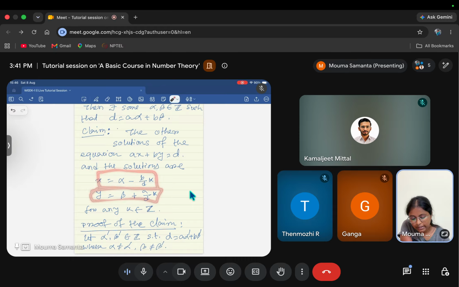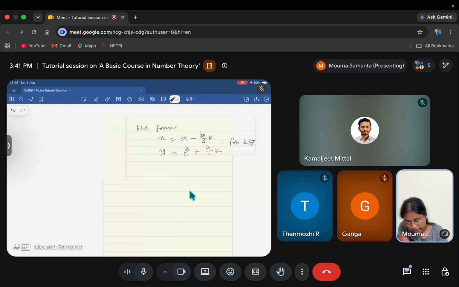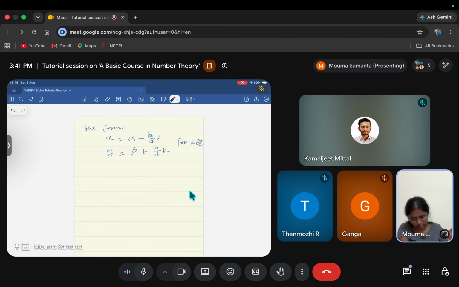I mean if you take the expression negative here, then you have to take positive here, and if you take positive here, then you have to take negative here. That is the only confusion. So this was the first question I had asked in the second tutorial session, and this is the solution.